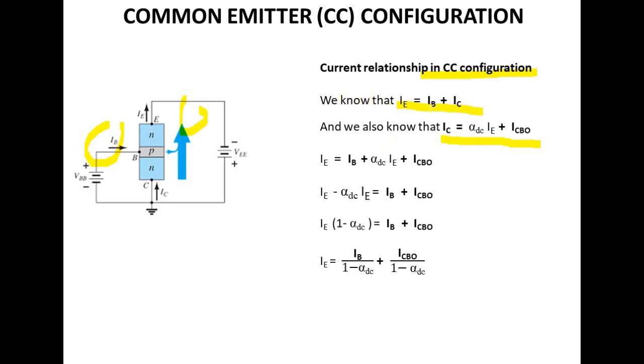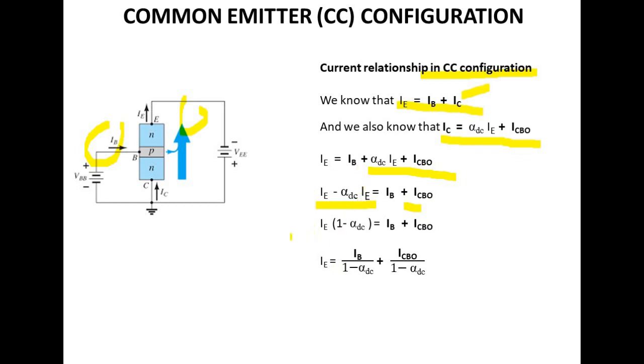So we now have to derive the relationship between current IE and IB. Start with IE equal to IB plus IC, and we know that IC equal to alpha DC IE plus ICBO. Putting the value of IC in the equation, we get IE equal to IB plus alpha DC IE plus ICBO. That is, IE minus alpha DC IE is equal to IB plus ICBO.